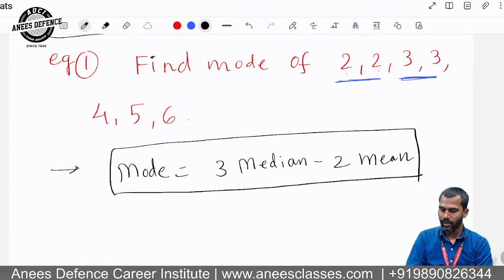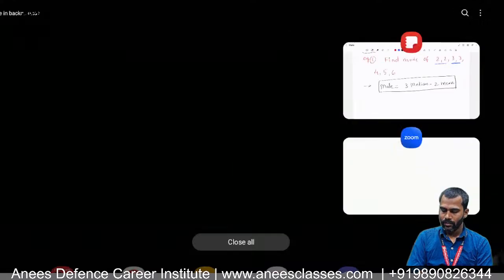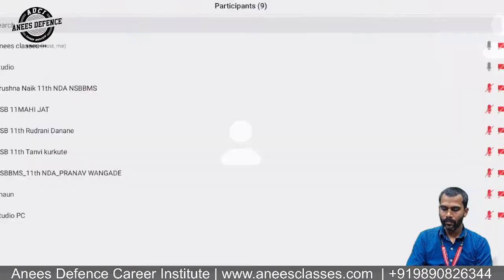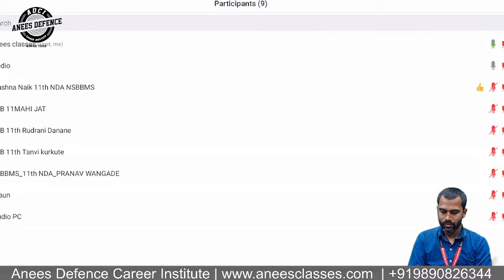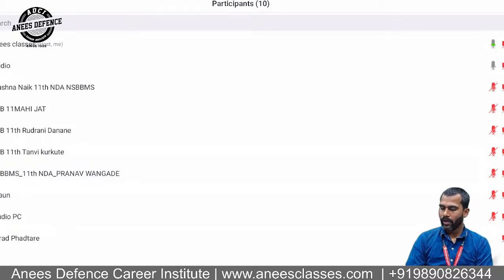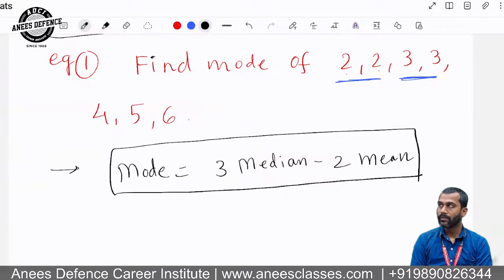Online students, have you understood the question? Krishna, very good. Mahi, Rudrani, Tanvi, Pranav, Sean, and Varad. Good morning, everyone. Please try to solve this question. Very easy. Use this formula since we are not getting a unique mode, so we cannot say 2 and 3 both are mode.